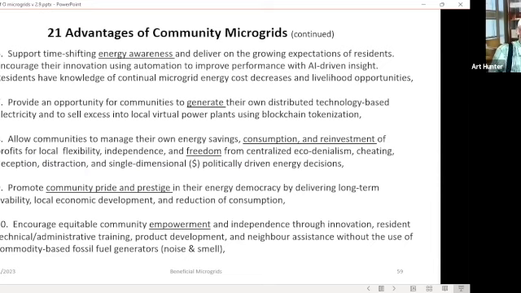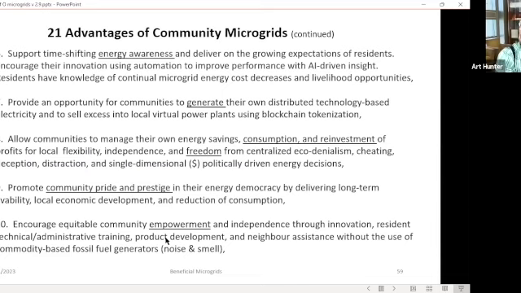And the 10th one I've got here is encourage empowerment of the communities and independence through innovation, as well as provide resident technical and administrative training. Do local product development.